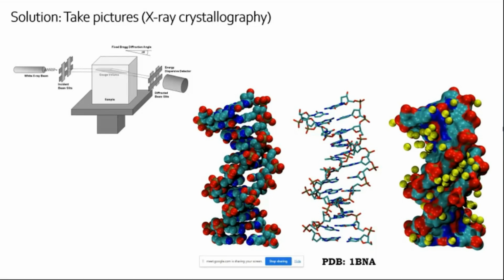Now, there is an issue with this kind of approach. As you can see in the third slide, all those balls that you see in yellow, they are all water molecules. And this is a crystal structure, and the PDB code is 1DNA. You see they sit nearby, and some of them are not nearby, because of crystal packing, certain positions in 3D get stabilized.